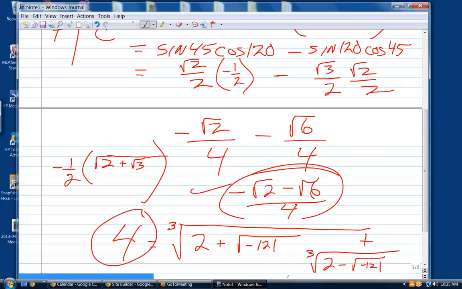The number 4 is equal to that, which is pretty strange given that we have complex numbers involved here. In other words, this is 11i, so we're taking the cube root of 2 plus 11i plus the cube root of 2 minus 11i, and that's equal to 4.